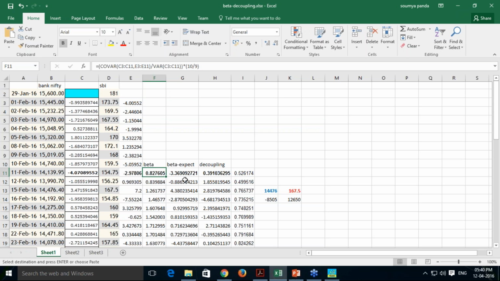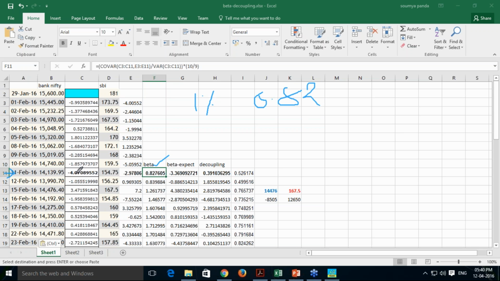This is the beta of the first day, and we require 10 days of data for that. The 11th February data says that if Bank Nifty moves by 1%, State Bank of India will move by 0.82%. This is the meaning of beta.